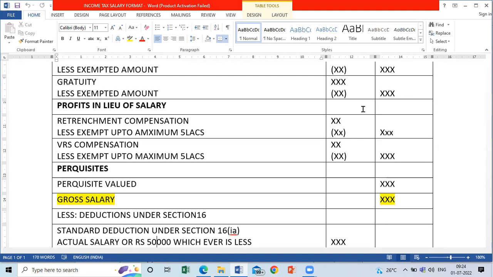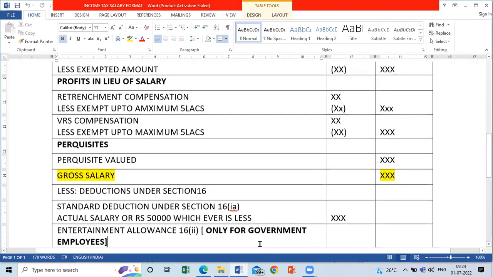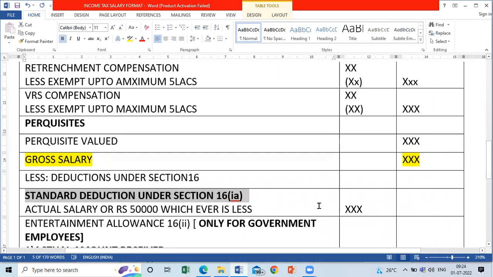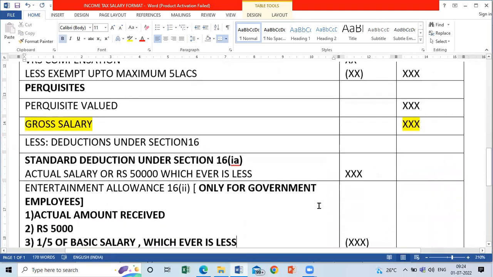Income from salary में there are 3 deductions. The first deduction is called as the standard deduction under section 16(1)(a). How much is the standard deduction?